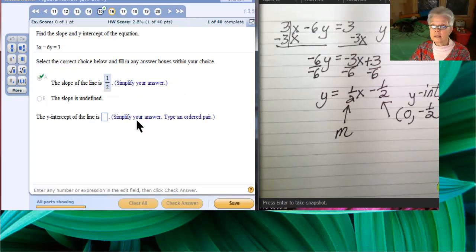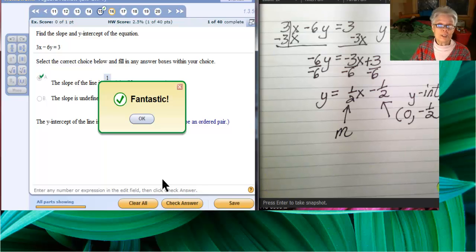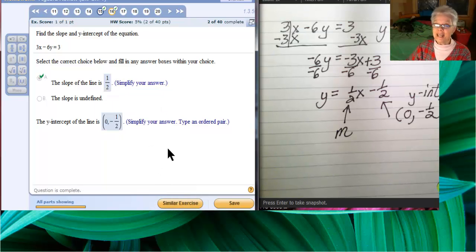The y-intercept: when it says write as an ordered pair, you must put parentheses. (0, negative, fraction bar, fraction tool, 1/2). And check answer. Yay!